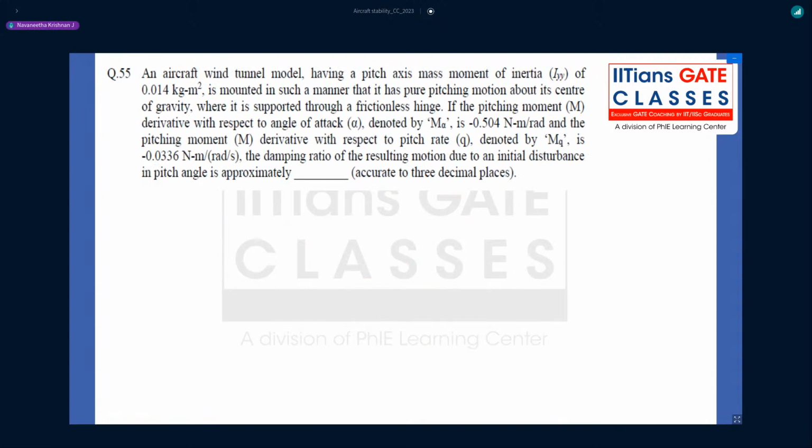Next, question number 55. An aircraft wind tunnel model has a pitch axis moment of inertia Iyy of 0.014 kilogram meter square. It is mounted in such a manner that it is in pure pitching motion about its center of gravity, supported through a frictionless hinge.